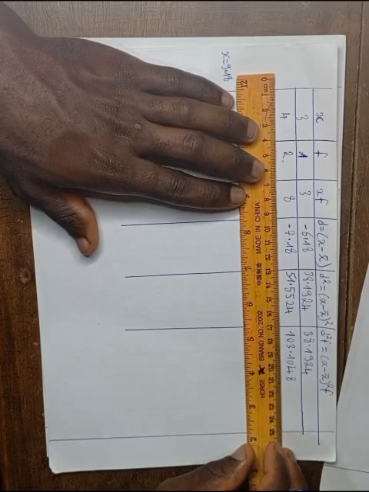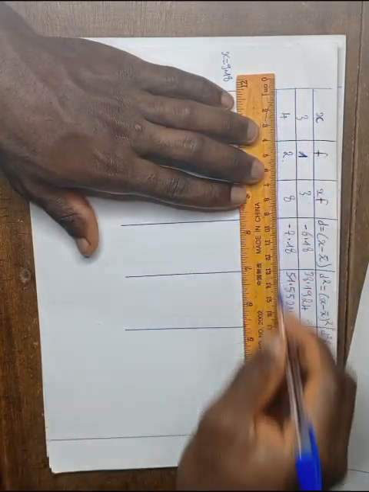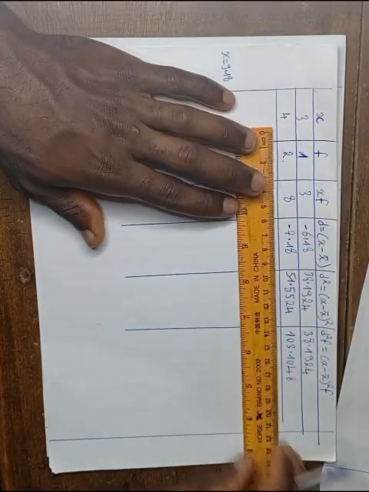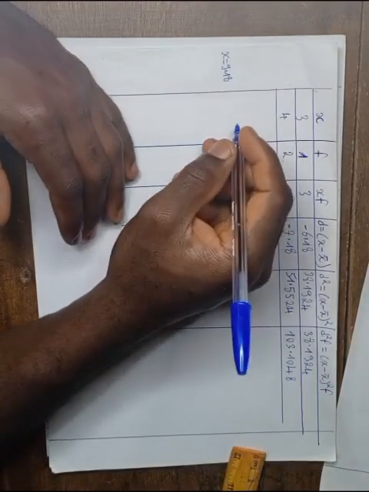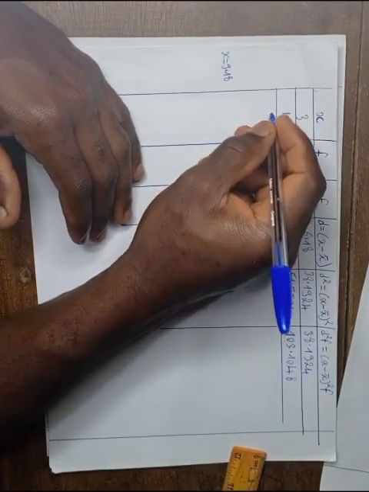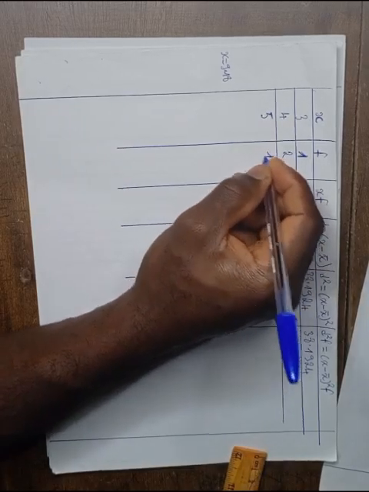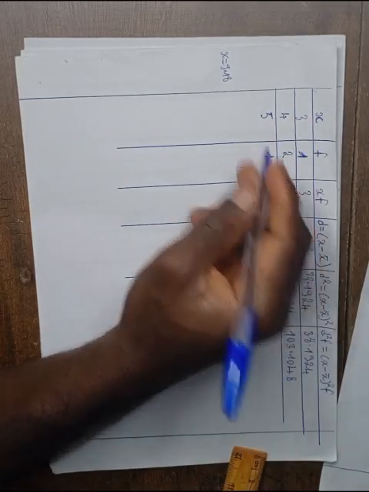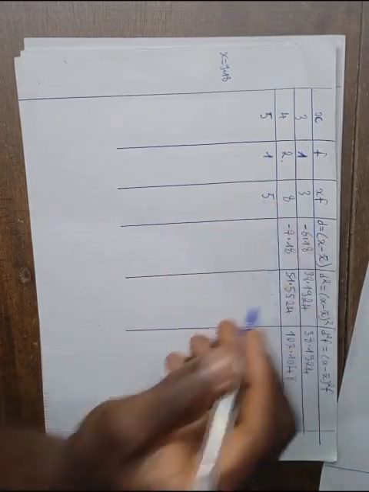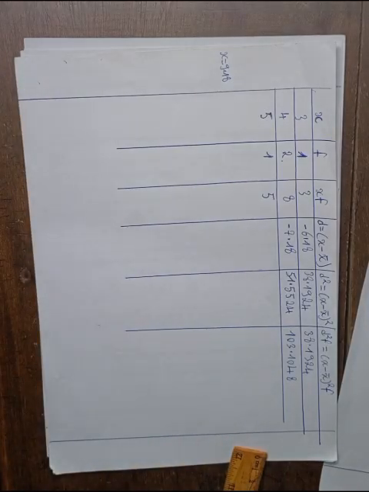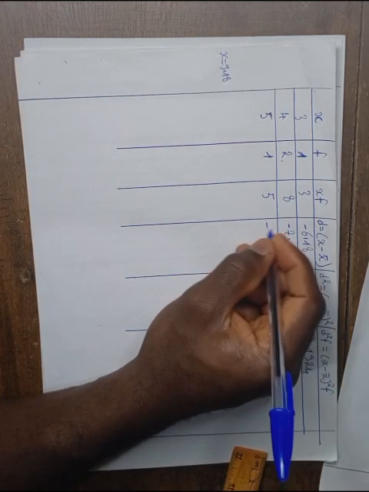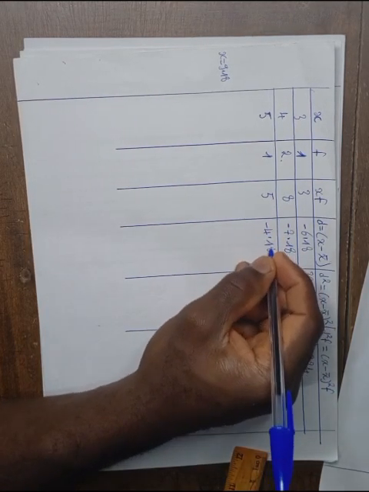The next observation we have is 5. 5 occurs only once, so 5 times 1 remains 5. Next, we need the deviation. We take 5 minus 9.18 gives us negative 4.18.